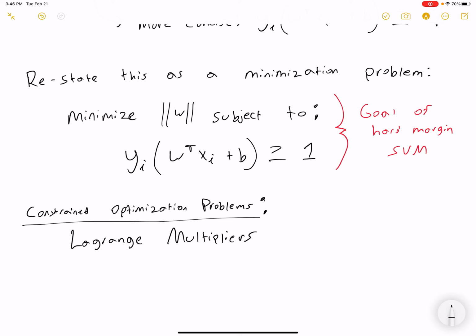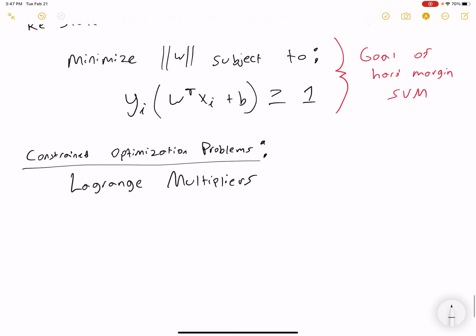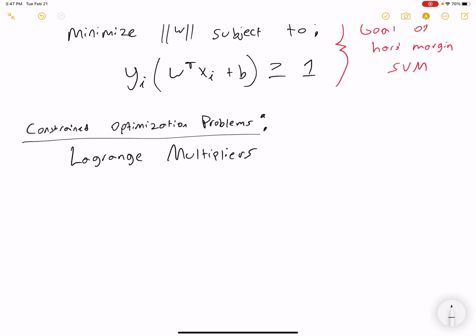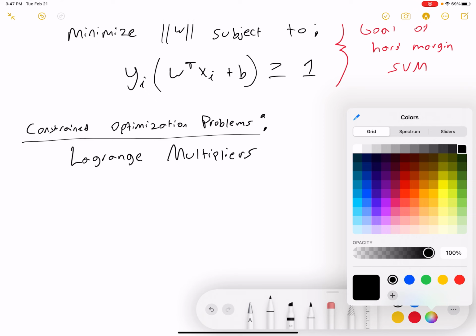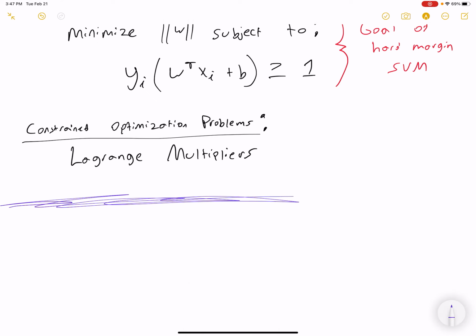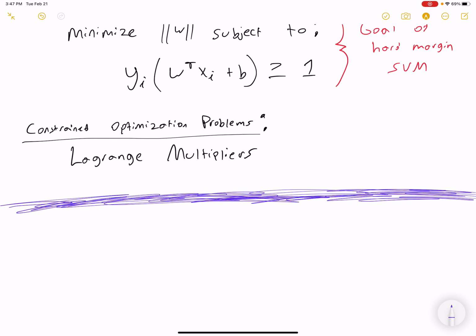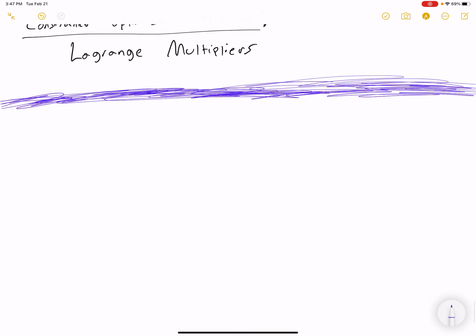Okay, so for those who know, just use this and then solve it as a regular optimization problem. For those who don't know, don't worry about it. But if you want to learn, check out Lagrange multipliers. It's commonly taught in multivariable calculus, so higher level calculus classes. Okay, so that's hard margin SVM. And if y'all really want to learn about Lagrange multipliers, we can do that in the future. But there's so many other cool machine learning things to talk about. But Lagrange multipliers are also cool. Any questions on hard margin SVM?